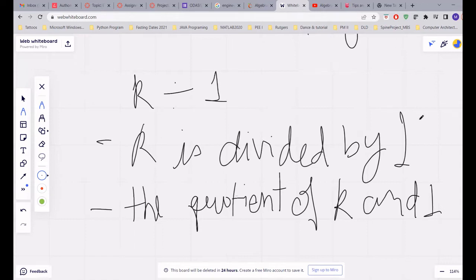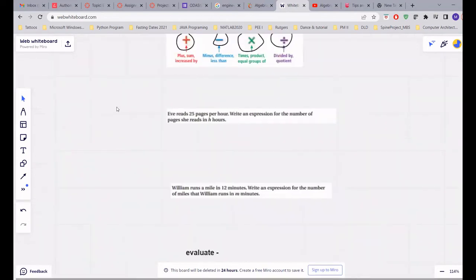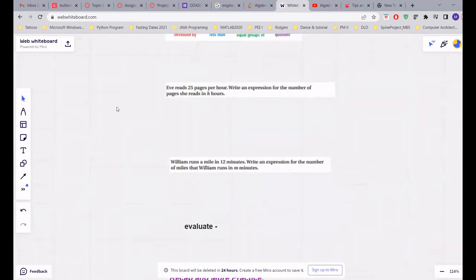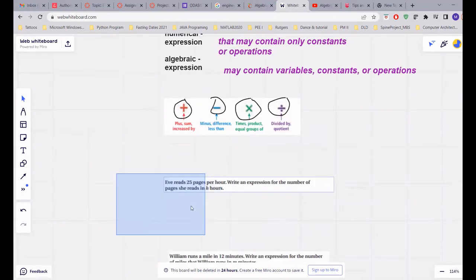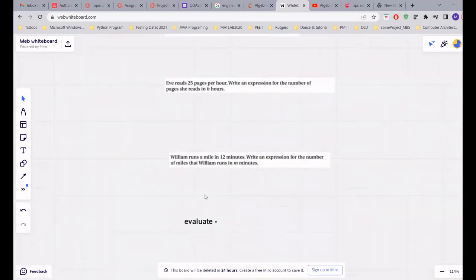Now let's move on to translating words to algebraic expressions. Let's take a word problem. Let me scroll all the way to the top. Let's take this example. Eve reads 25 pages per hour. Write an expression for the number of pages she reads in 8 hours.